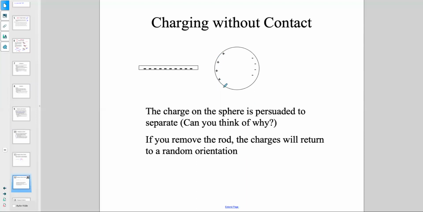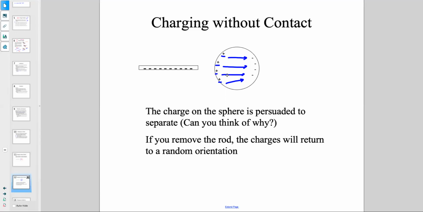Protons, or the positive charge, are in the atom, and they will be fixed inside the object. The electrons have moved all the way to the other side of the sphere because they can move, and electrons are repelling one another. The charge in the sphere is persuaded to separate.